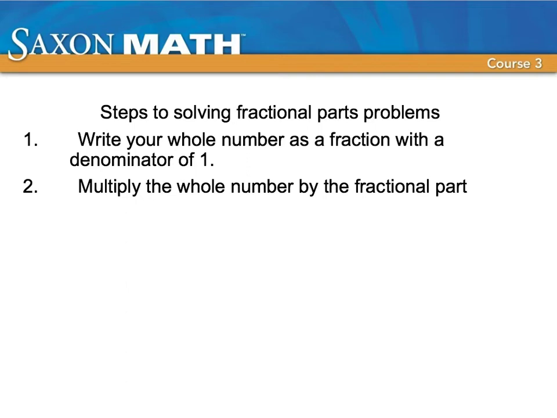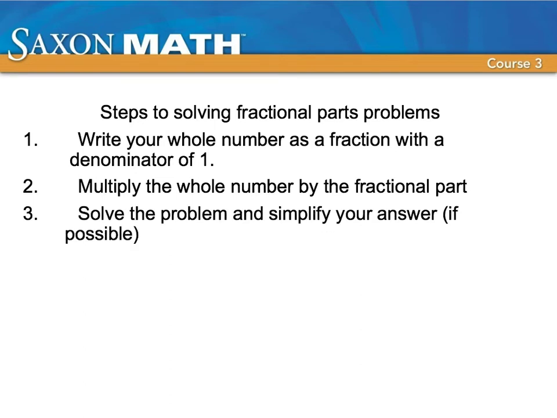The easiest way for me to tell you about fractional parts is to show you an example of it, but again, I want you to make sure you got the steps written down first. And step 3 is to solve the problem and simplify your answer. Anytime we talk about fractions, we got to simplify our answers if we can. Sometimes we won't be able to. Now for real, not joking with you this time, let's go do some examples.